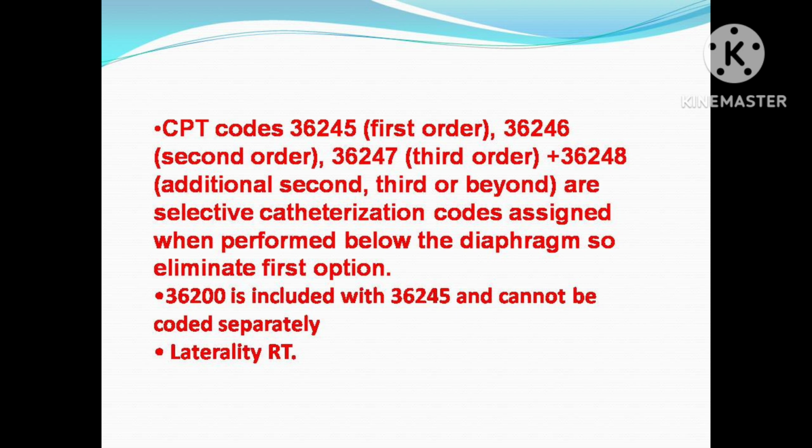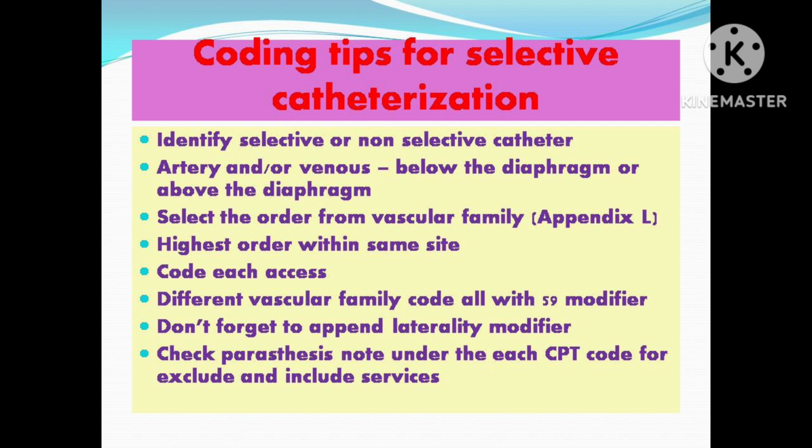Okay guys, first let's see the coding tips. First, select selective catheter or non-selective catheterization, then above the diaphragm or below the diaphragm, then identify the order from the vascular family, then whether it is same vascular family or same axis or different axis, so whether to append the 59 modifier or not, then the laterality modifier.